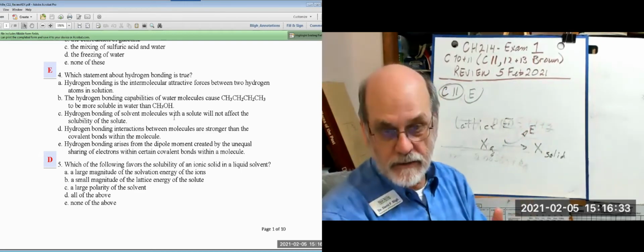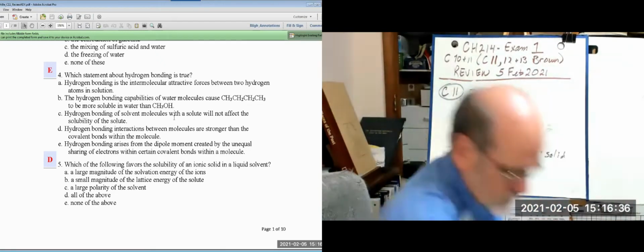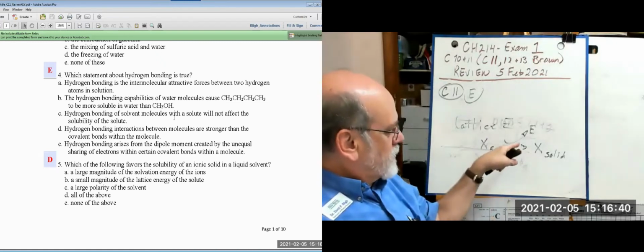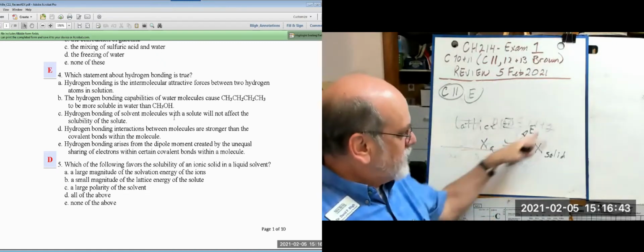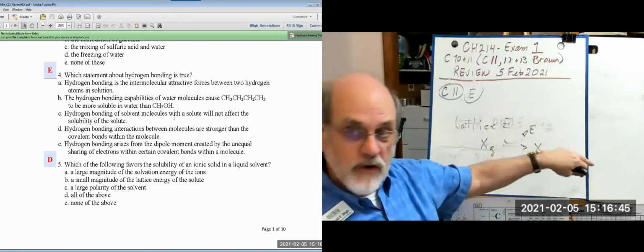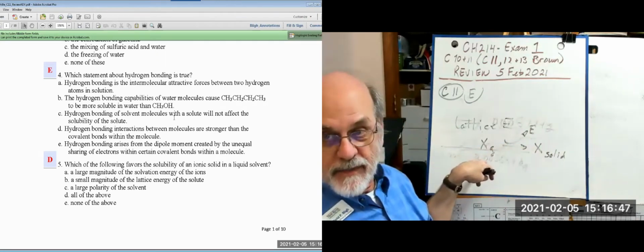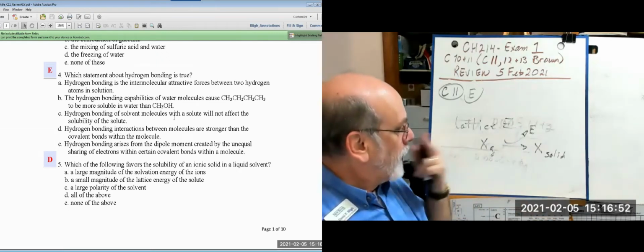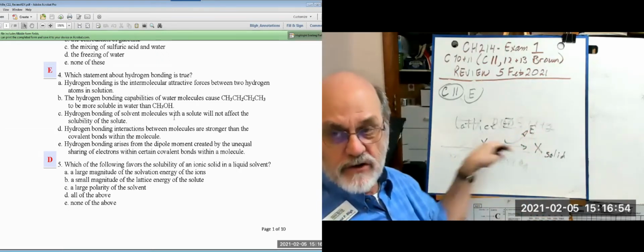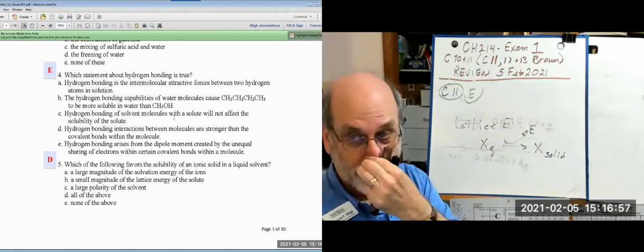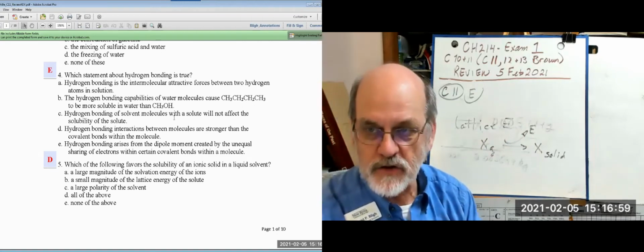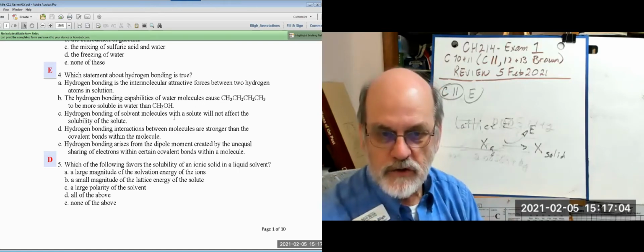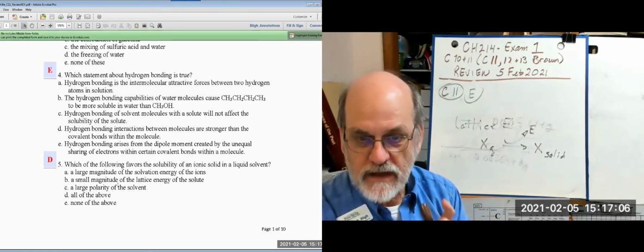It's exothermic. So what does that mean? If it gives up energy going this way, then going back to make the individual atoms so that they can go into the solution, it only takes a little bit of energy to break them apart. That's good. If you don't have to put a lot of energy into it, then you have individual atoms or molecules ready to go into solution. That's a positive for the formation of the solution.